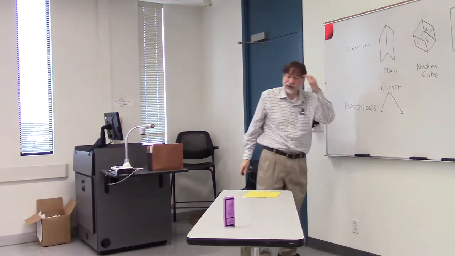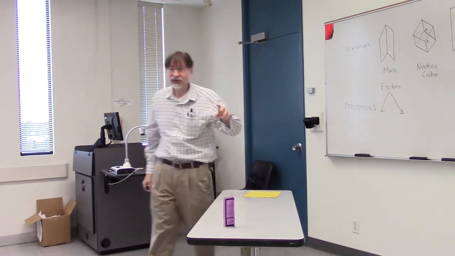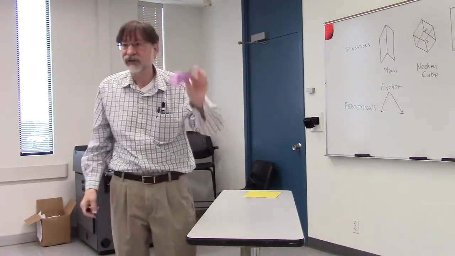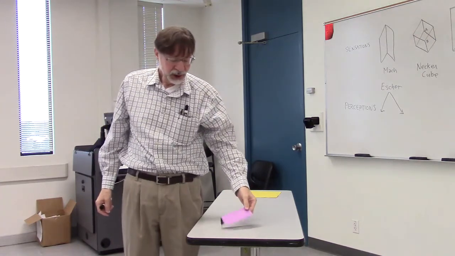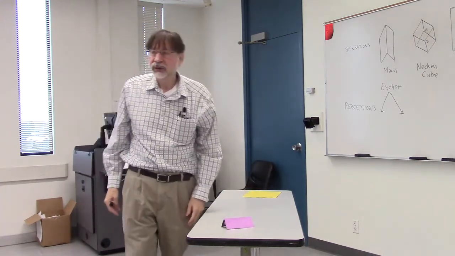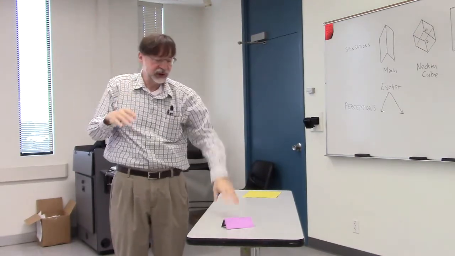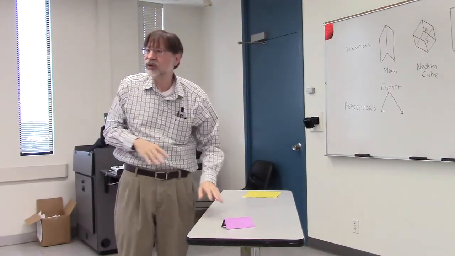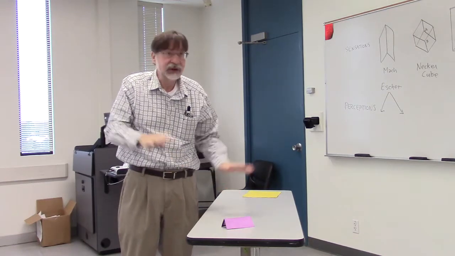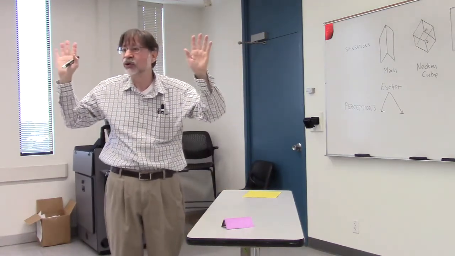Now you can actually build the real thing and create interesting illusions for yourself. So take a 3x5 card and go into a room with diffuse light. Here we've got a lot of different lights shining on the table. It's good if you have a room without a lot of complicated lighting, so diffuse lighting.